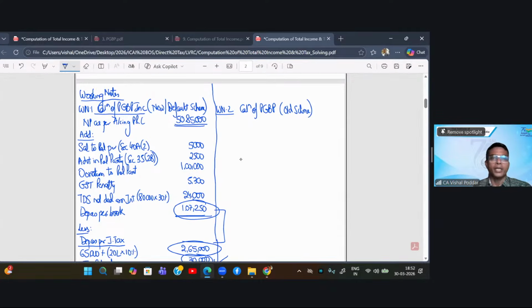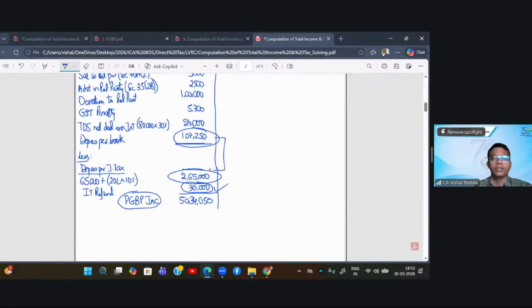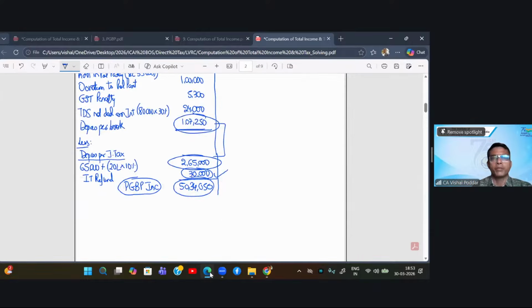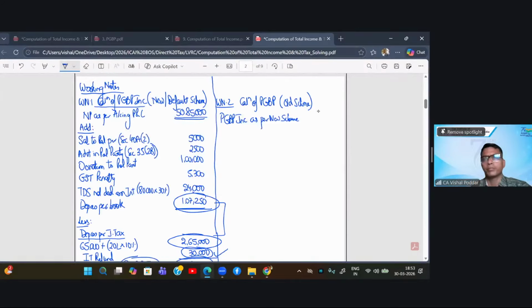Now here, I need not spend time in doing the entire working again. What I can do is, I can take the starting point as this amount. So I will say PGBP income as per the new scheme. This can be my starting point. So it is 50,34,050.